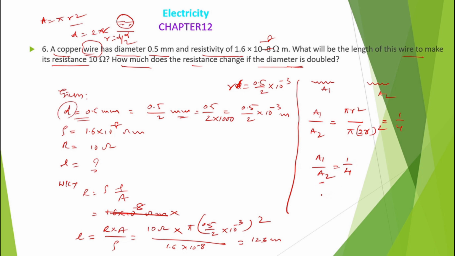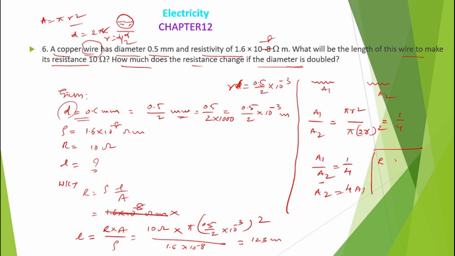Now A2, just cross multiply it. So A2 is equal to 4 into A1. Okay. For the same length and the same material, what will be the formula?